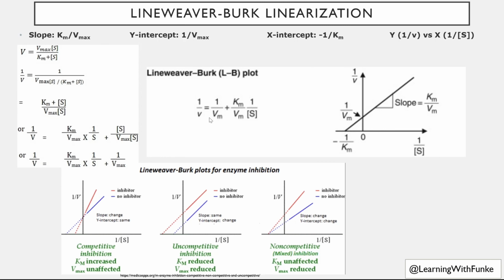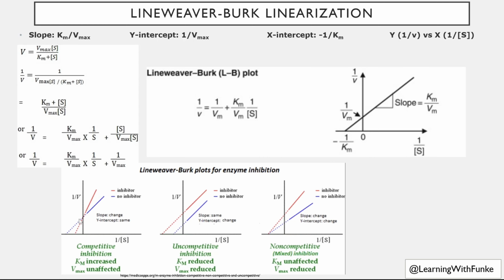So if you set 1 over V to be 0 and you solve for 1 over S, which is your x, you will find that your x-intercept is equal to negative 1 over Km, which is literally what we show here on the right. So your x-intercept is negative 1 over Km, your y-intercept is 1 over Vmax, your slope is Km over Vmax, right? And you're plotting 1 over V versus 1 over S.